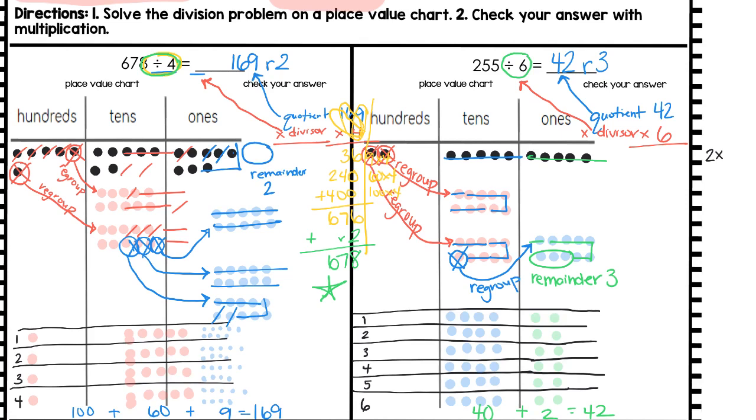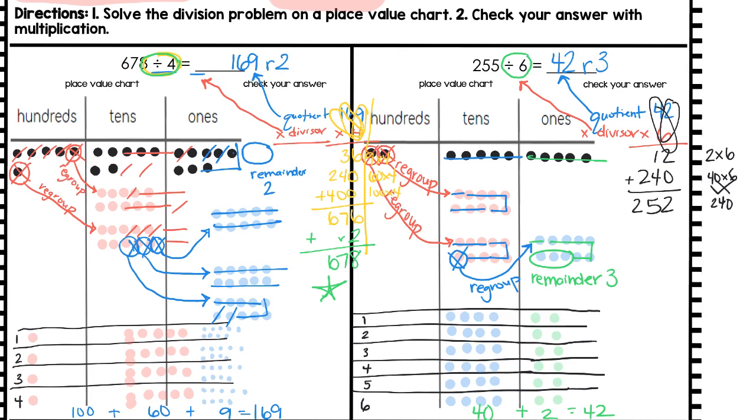2 times 6 is 12. And then we have 40 times 6 is, 6 times 4 is 24. And we put our 0 at the end. 240. If we add those up, we have 2 in the ones, 5 in the tens, 2 in the hundreds.